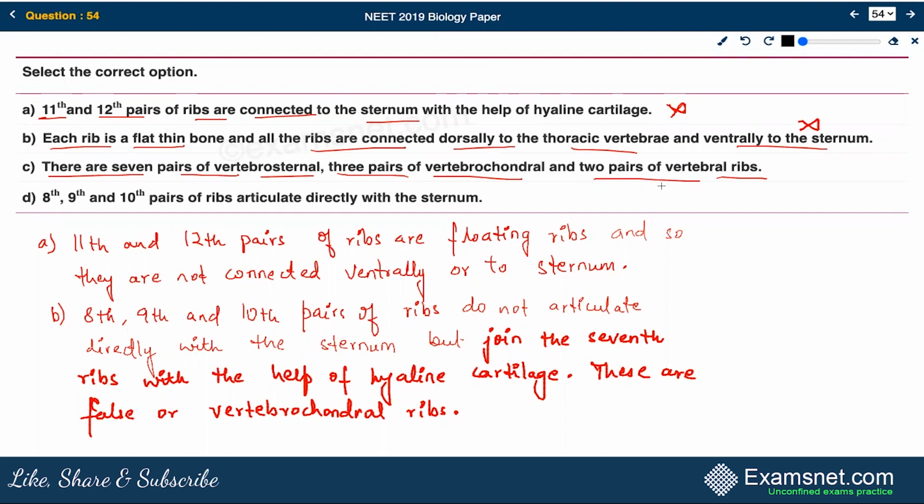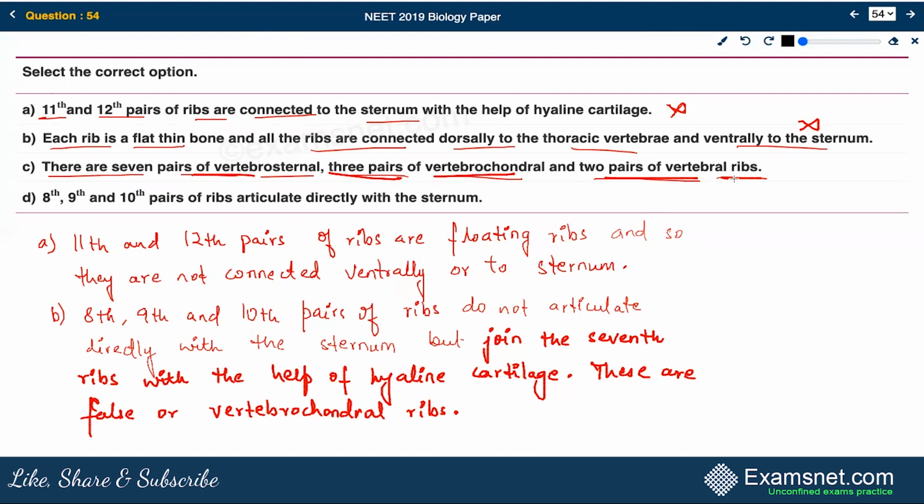Now, the next statement says that there are 7 pairs of vertebrosternal, then 3 pairs of vertebrochondral, and 2 pairs of vertebral ribs. We have already seen that the last 2 pairs are not connected ventrally to the sternum, and that's why they are considered to be floating ribs.